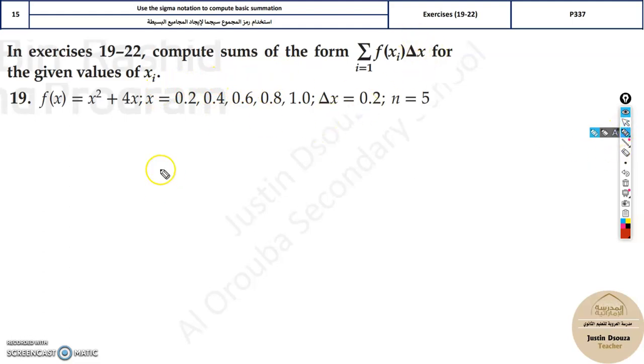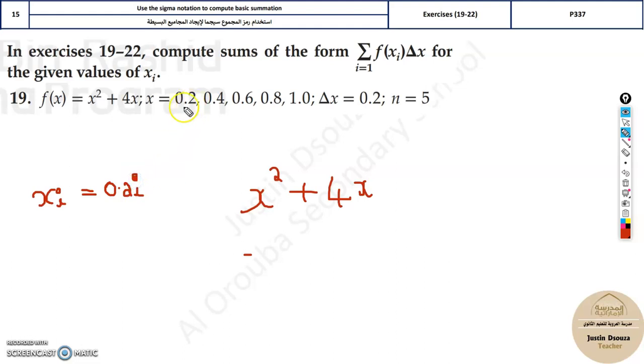Now, you must always remember xi means you should write this function in terms of the ith form. Let me write it: x squared plus 4x is the function. Now this x changes to xi. The spacing is 0.2, so xi will be 0.2 i, the initial value plus the previous value.